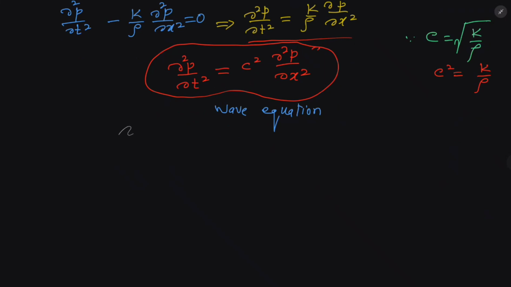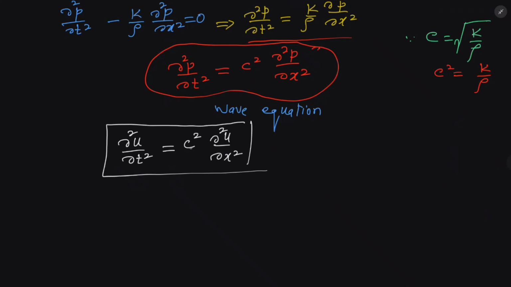The wave equation that you study in the PDE course is partial square u by partial t square is equal to c square partial square u by partial x square. You always wondered why there is a square here. Now you know the reason: it comes from this formula.